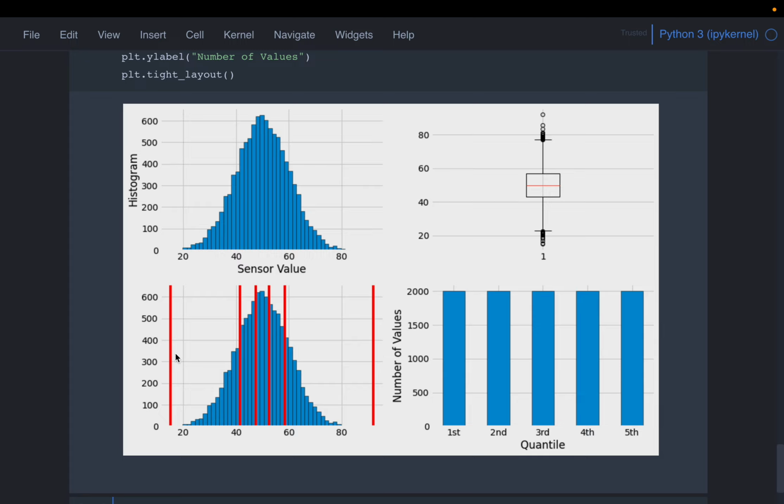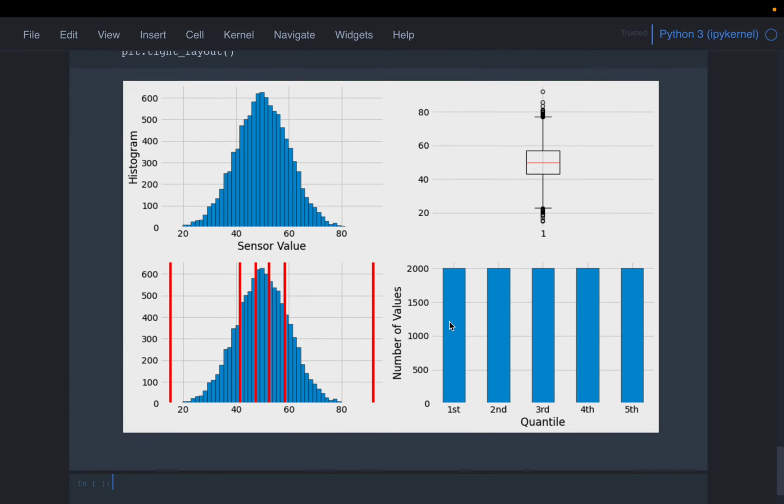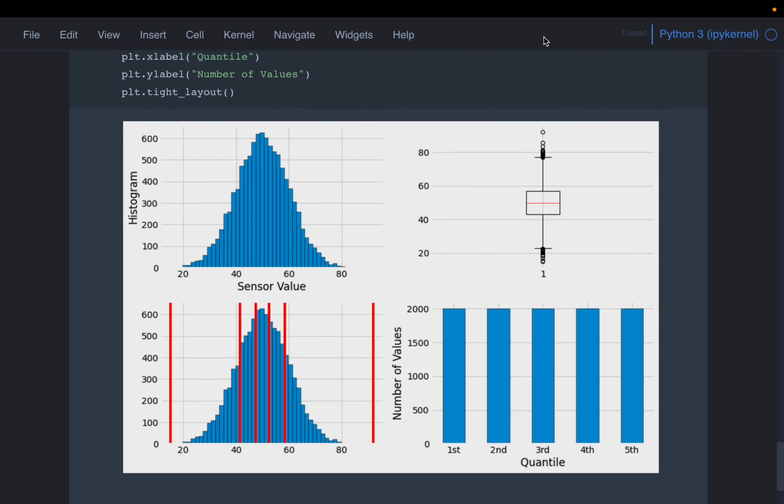So the number of data points between each two consecutive red vertical lines would represent 20% of the data, because we have 10,000 data points. So that translates to 2,000 data points in each bin. Okay, so that's the quantile based discretization technique. That's all. Thank you very much.